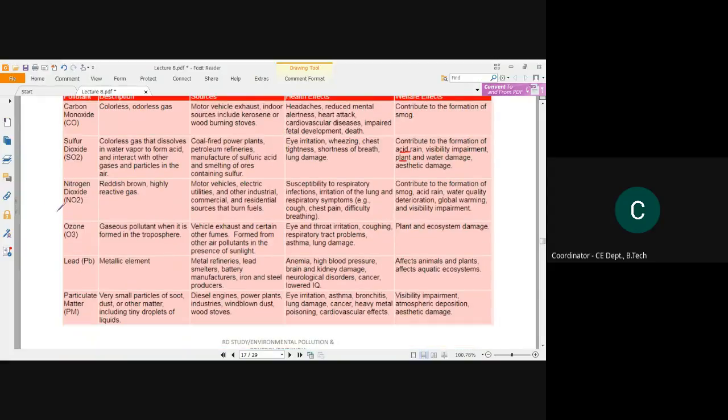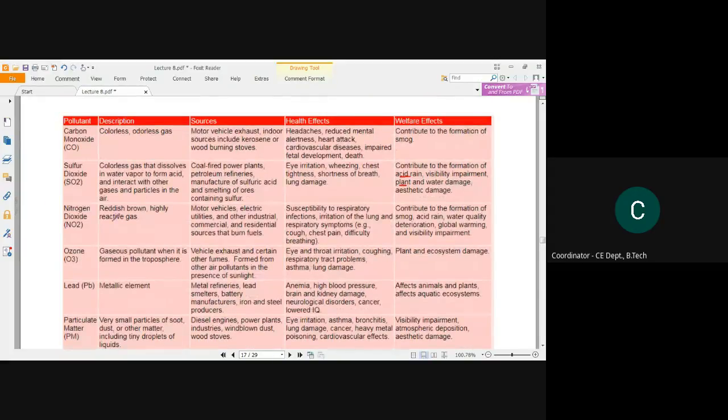Next is nitrogen dioxide. The physical description is a reddish brown, highly reactive gas, and the sources are motor vehicles, electric utilities, and other industrial, commercial, and residential sources that burn fuels.